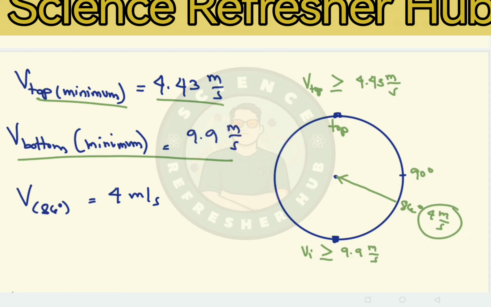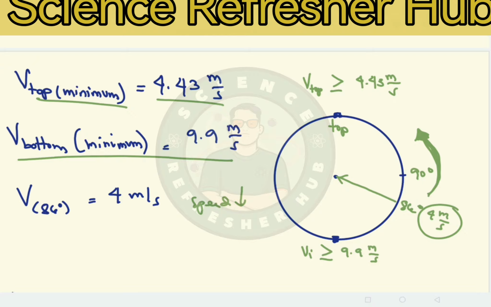And imagine it's 4 meters per second going up. As we all know, if the object goes upward, its speed will decrease. So imagine this 4 meters per second will reach 90 degrees and then keep decreasing.